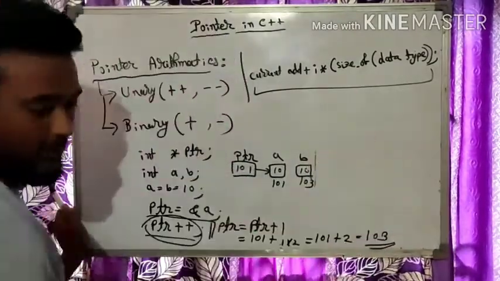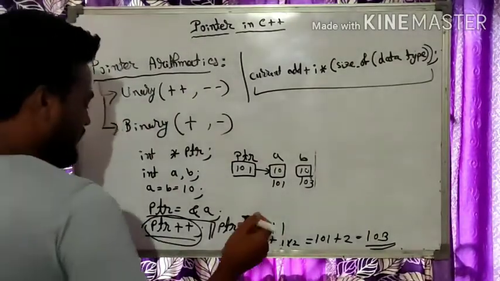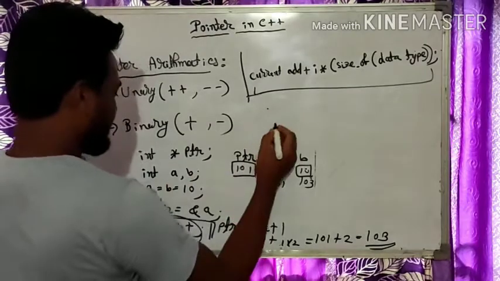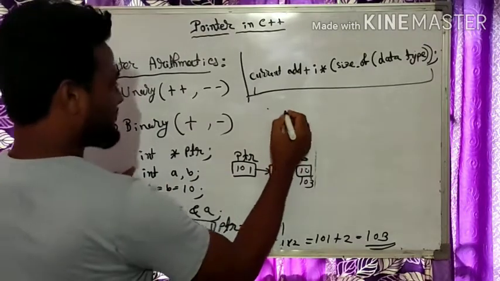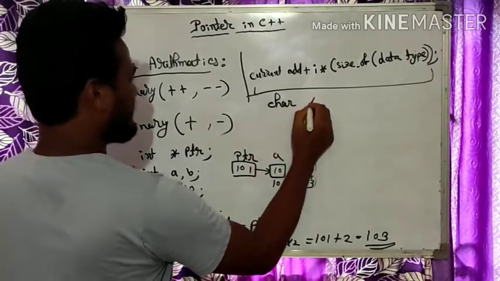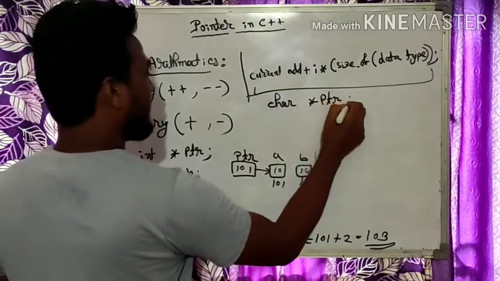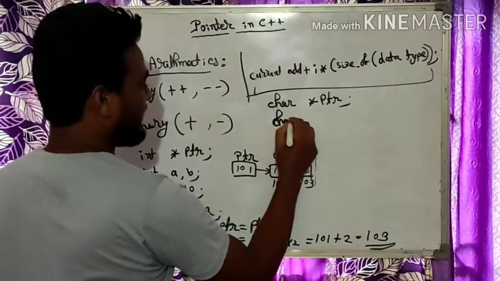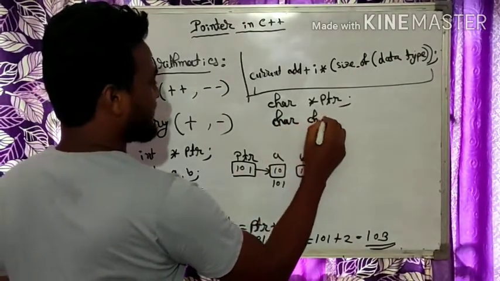Now suppose we have a character variable. This time we are declaring a character pointer ptr, and here we are declaring our normal variable, suppose ch.